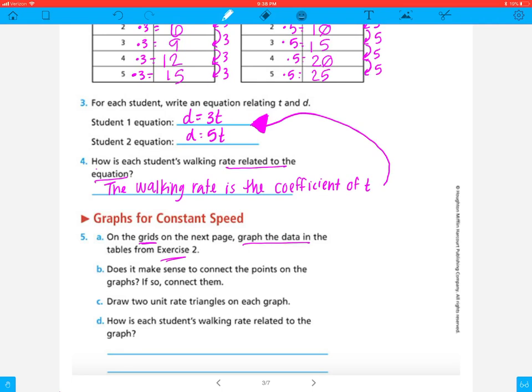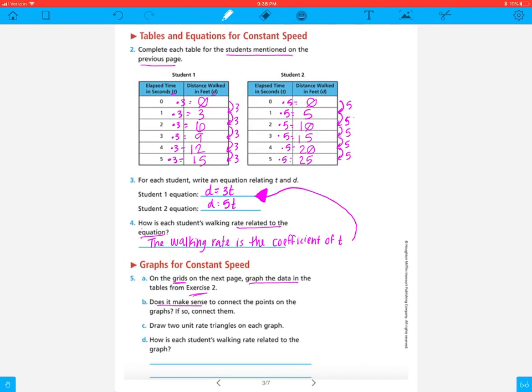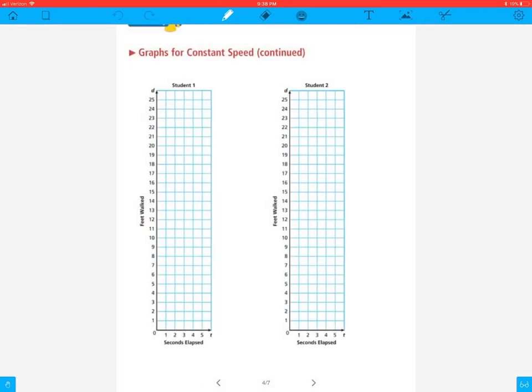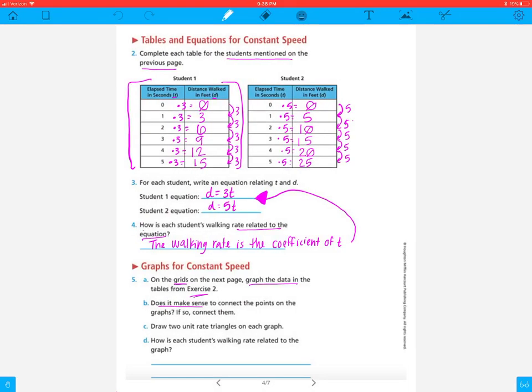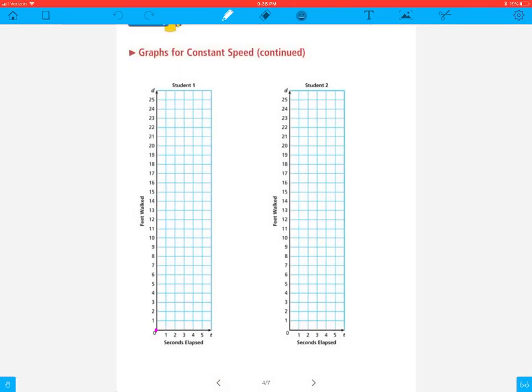So we have some grids on the next page. I'm going to show you how to graph them, and I will be going back and forth, but let's start with student 1. Now I know it's 0, 0, obvious, for the elapsed time, but I can go back and check where it said after 1 second they went 3 feet.